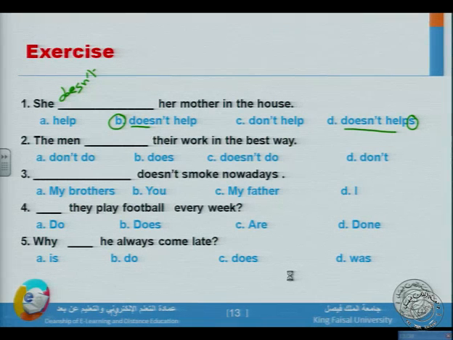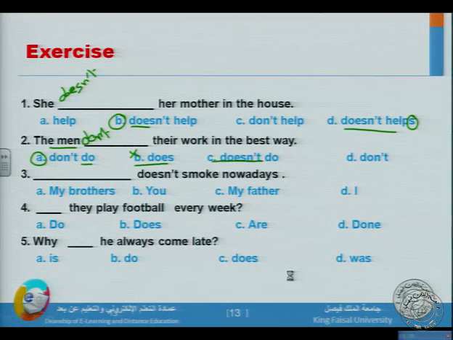Number 2. The men, their work in the best way. Do not do. Men جمع والجمع بياخذ do. لما ننفي do نعمل don't. حكينا بعد do و does أو doesn't or don't الفعل لازم يكون مجرد، و do هنا مجردة. ما نقدر نحكي the men does لأنه does تعامل, it comes with the singular subject.